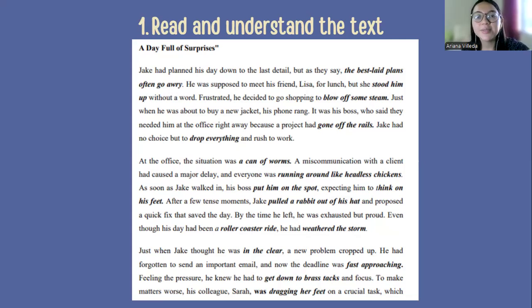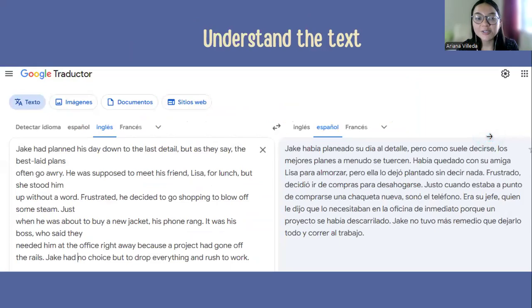This is important because translation is not only about words, but about meaning. And I did this by using a tool such as Google Translator because sometimes I couldn't understand the complete idea. So I used Google Translate so I could understand better.